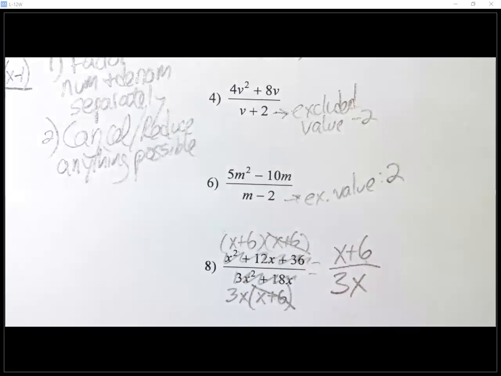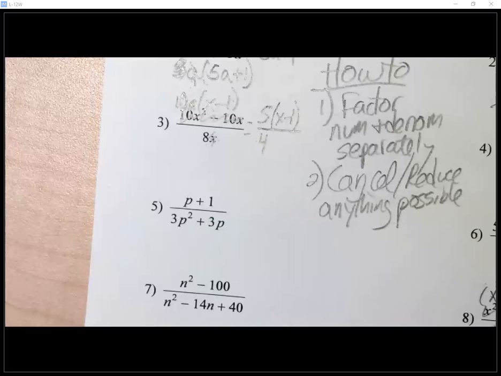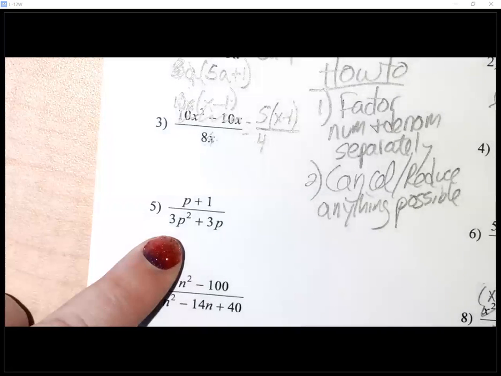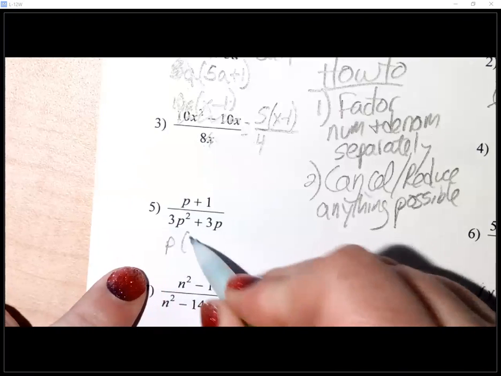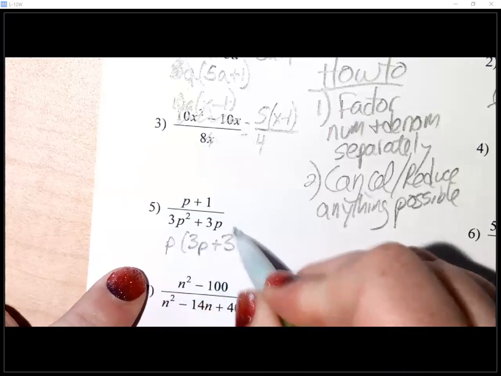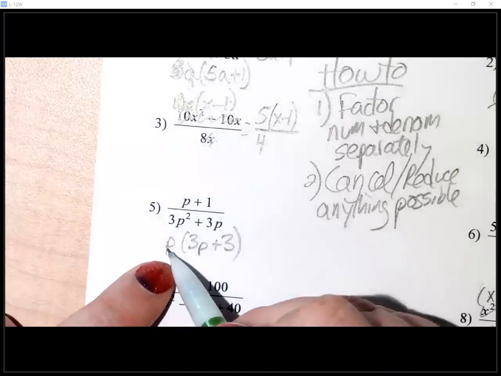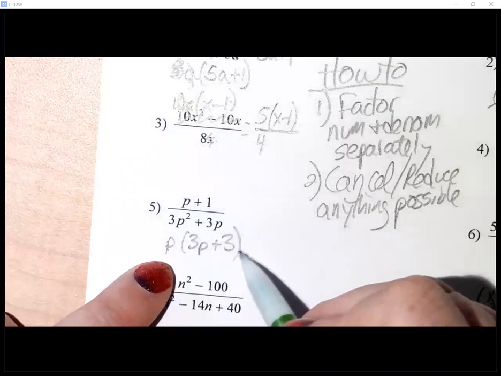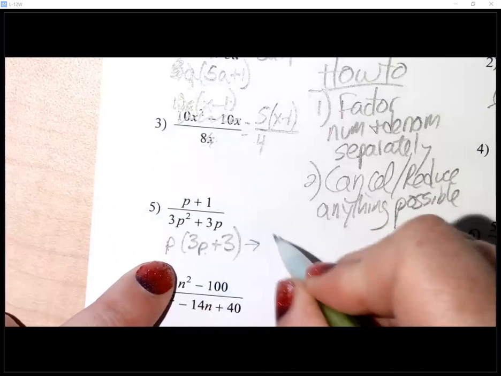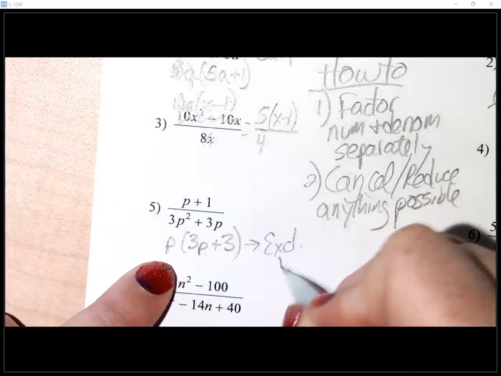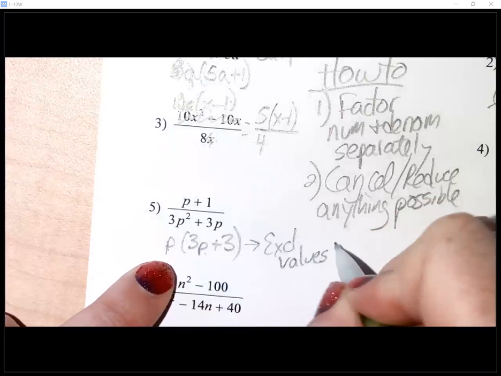You can have more than one excluded value if you look at number 5 real quick. Basically, I'm taking that denominator and I'm setting it equal to 0. So let's factor out a p. I'd have 3p plus 3. So p could not equal 0, and p could also not equal, what's that, -1? So this would have excluded values of 0 and -1.